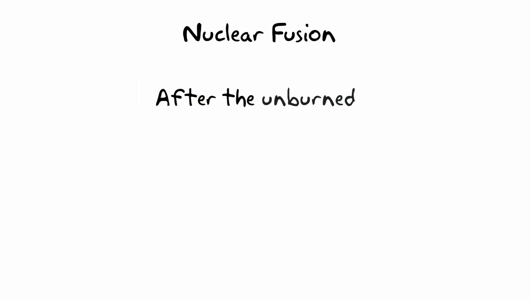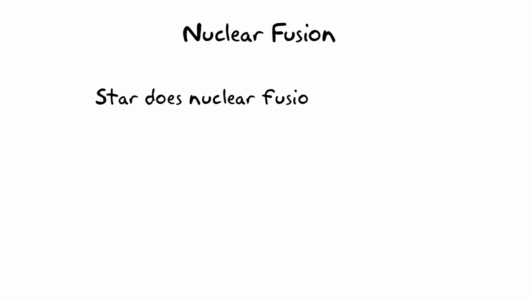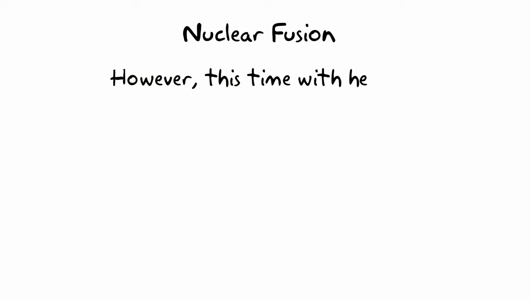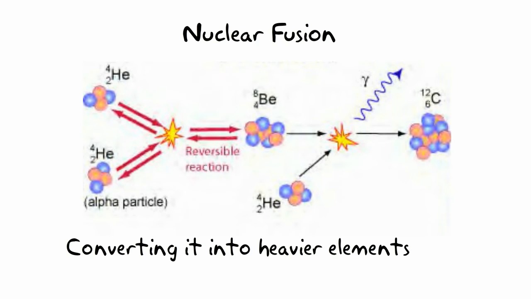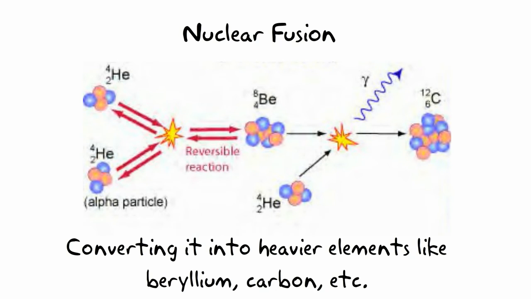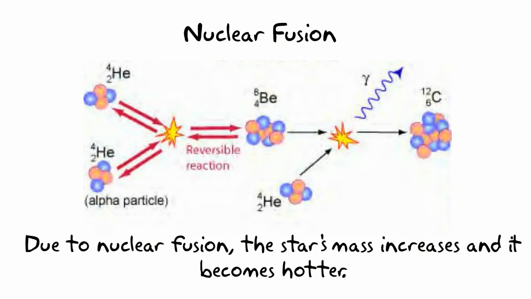After the unburned hydrogen has run out, the star does nuclear fusion again to produce energy. However, this time with helium nuclei, converting it into heavier elements like beryllium, carbon, etc. As the star does nuclear fusion, the star's mass increases and it becomes hotter.